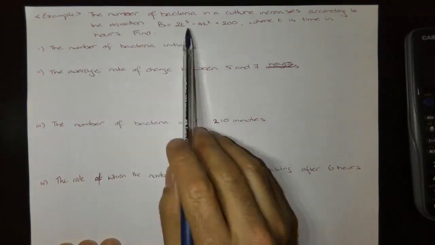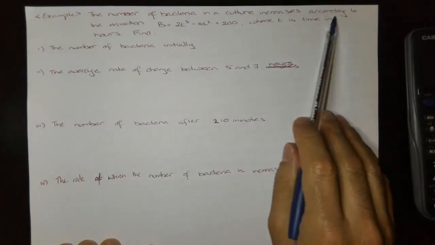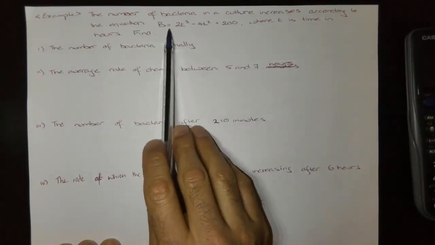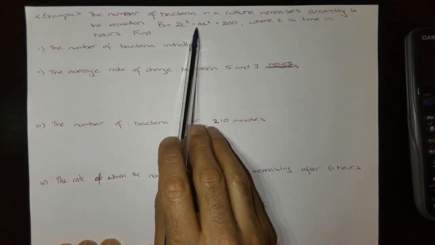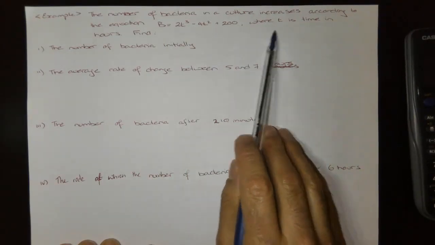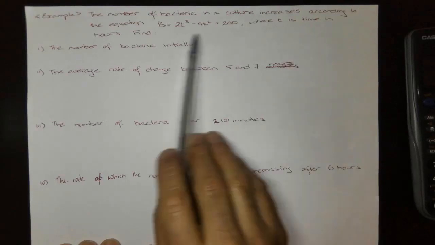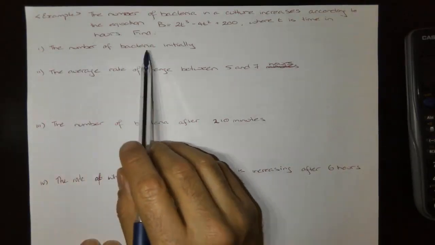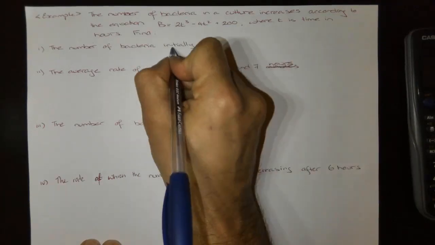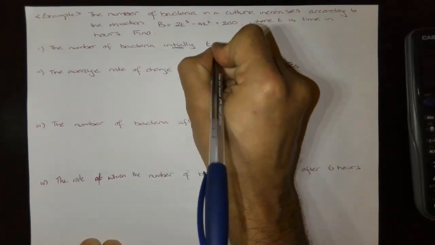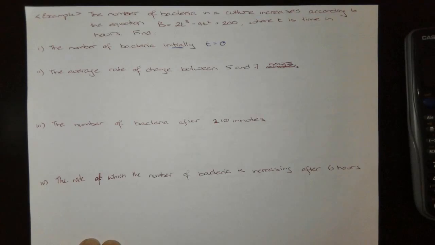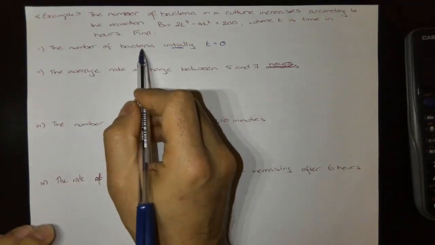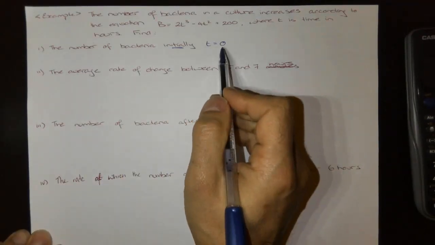Here's another example. The number of bacteria in a culture increases according to the equation B equals 2t cubed minus 4t squared plus 200, where t is the time in hours. Okay. We want to find the number of bacteria initially. Remember, the word initially means when t equals 0. So we want to figure out how much bacteria there is at the start.